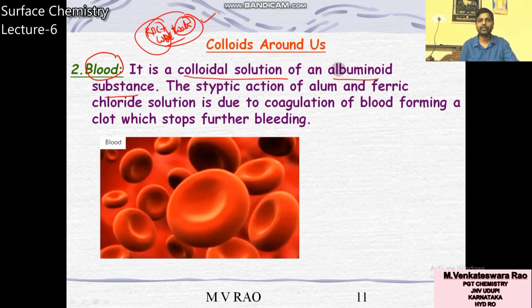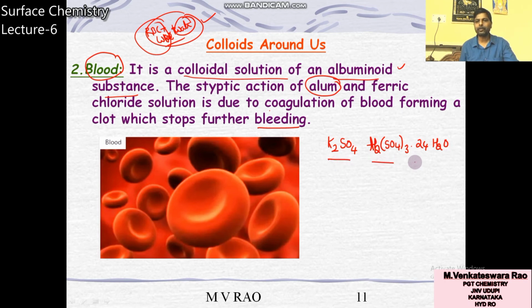The styptic action of alum and ferric chloride solution is due to coagulation of blood forming a clot, which stops further bleeding. To stop bleeding, alum is used. Alum is a double salt with the formula K2SO4.Al2(SO4)3.24H2O.